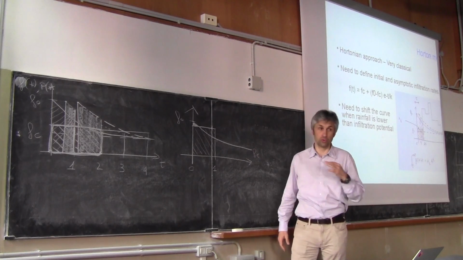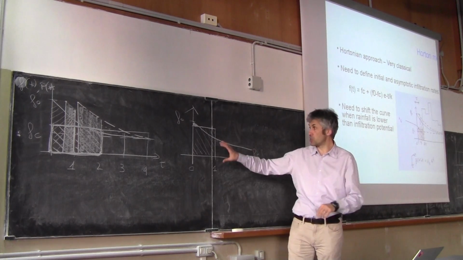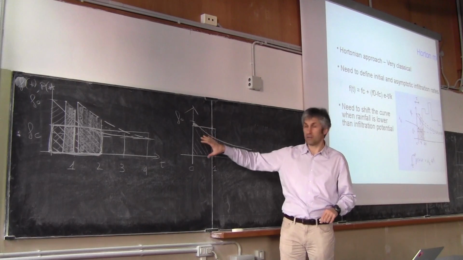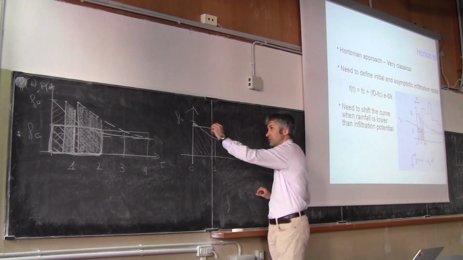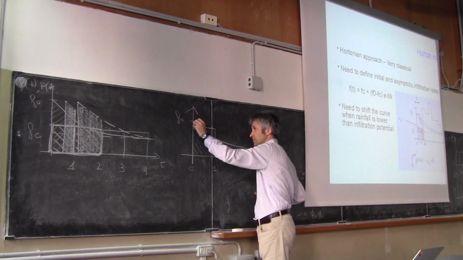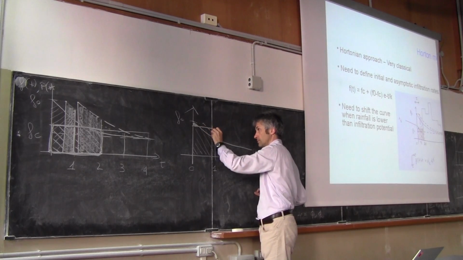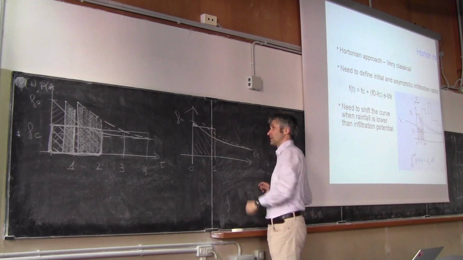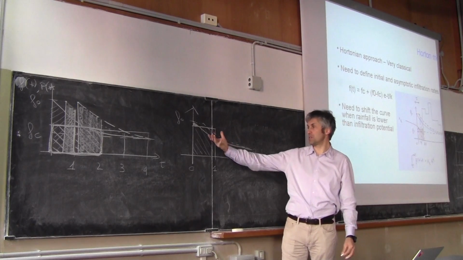And therefore, what you should do is an iteration. Like, I assume that all rainfall infiltrates, and then I shift the curve. But then, what do I see? I see that it's not true.